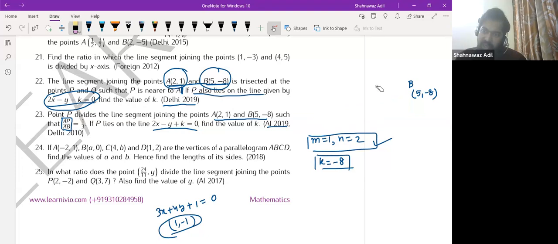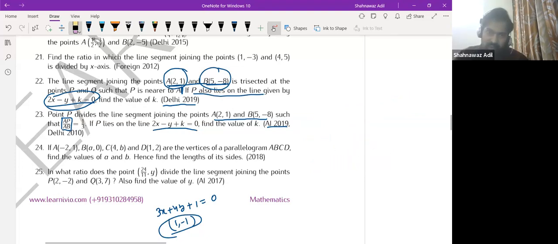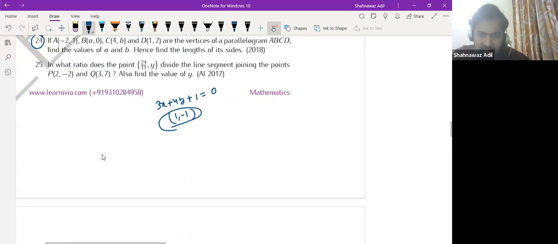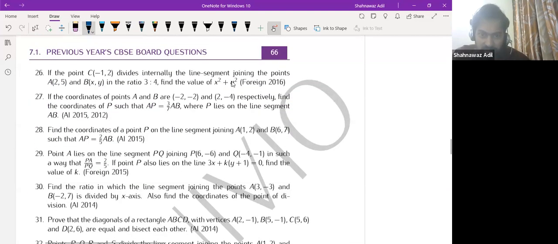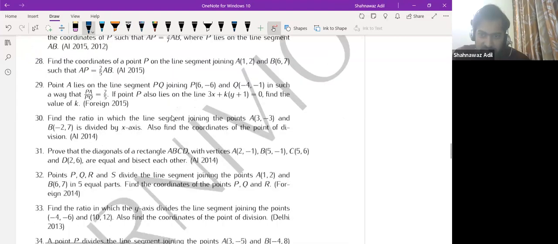Next question, what I will do is ask you guys to solve this one, because this problem we have done before, and then we will do x squared plus y squared.